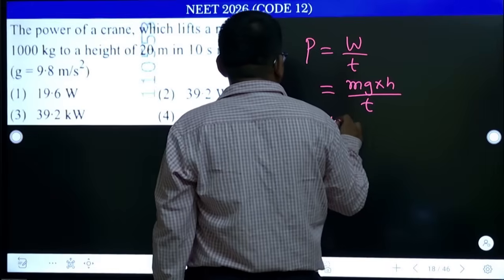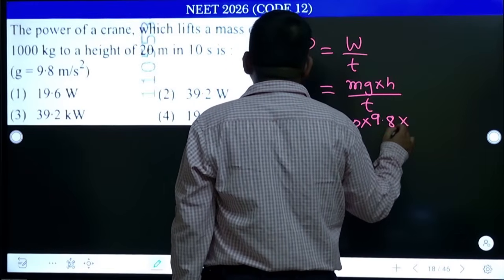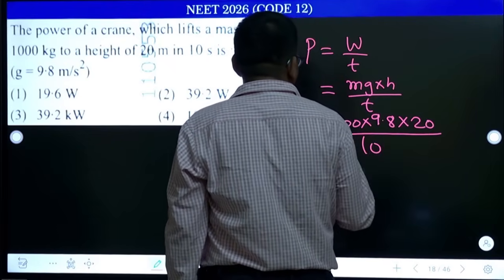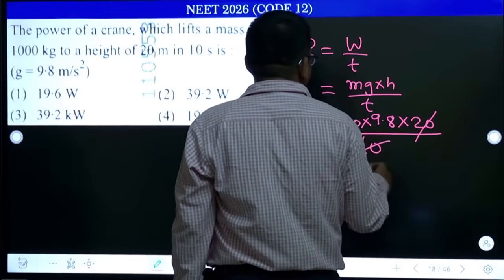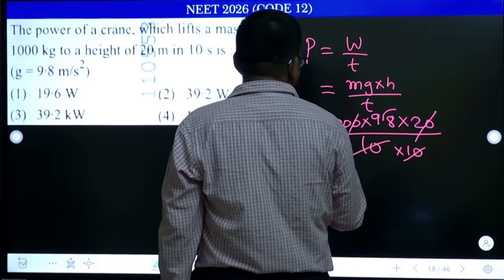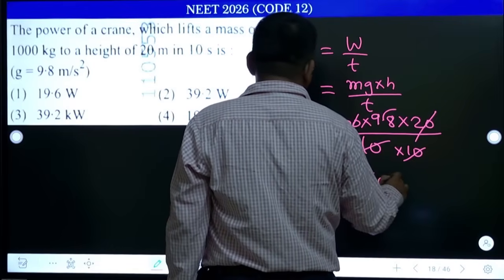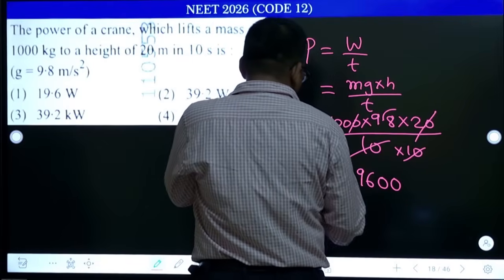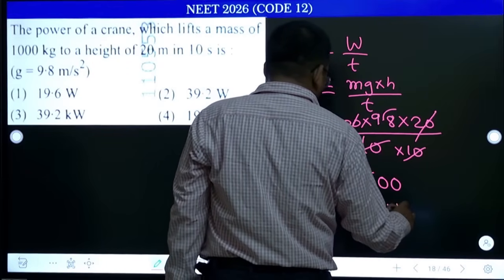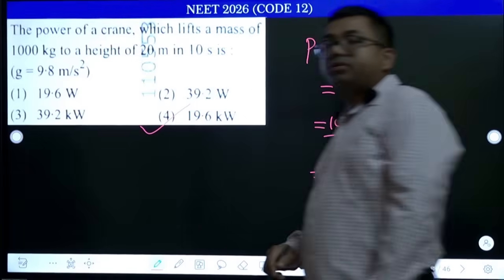How much? 1000 kg. g I am going to take as 9.8 because they have given it. Height is 20 meter. Time is 10 seconds. Just cancel out this. This becomes a very easy calculation. This type of calculation is expected. That becomes 19600, and in kilowatt that means 19.6 kilowatt. So we can go with option 4, right?